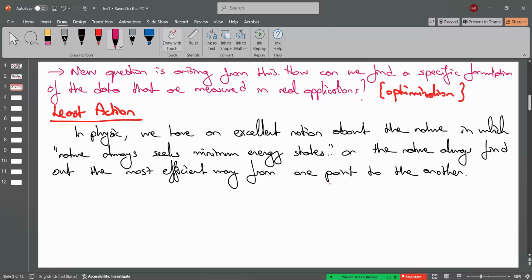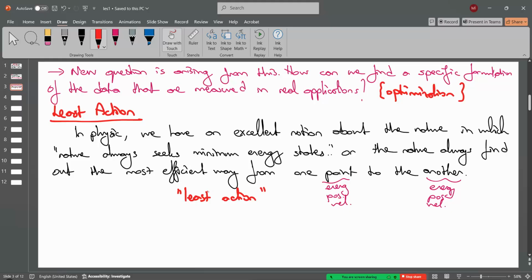This could be energy, or a position, or a velocity, or something like that. We can convert this point into any physical phenomena. Okay? And so this is called in total the least action. This is the rule of nature.